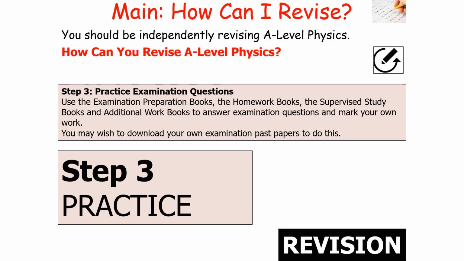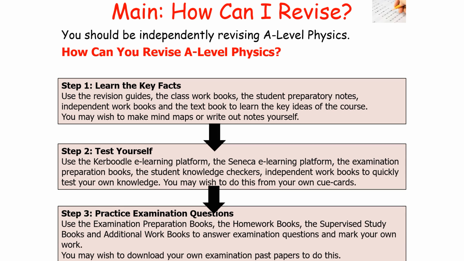And the third step is practice. Practice examination questions by using exam prep books, homework books, supervised study books and additional workbooks to answer exam questions and mark your own work. You may wish to do this practice by downloading your own examination past papers. So what should you be doing? Learn the key facts, test yourself, practice exam style questions.